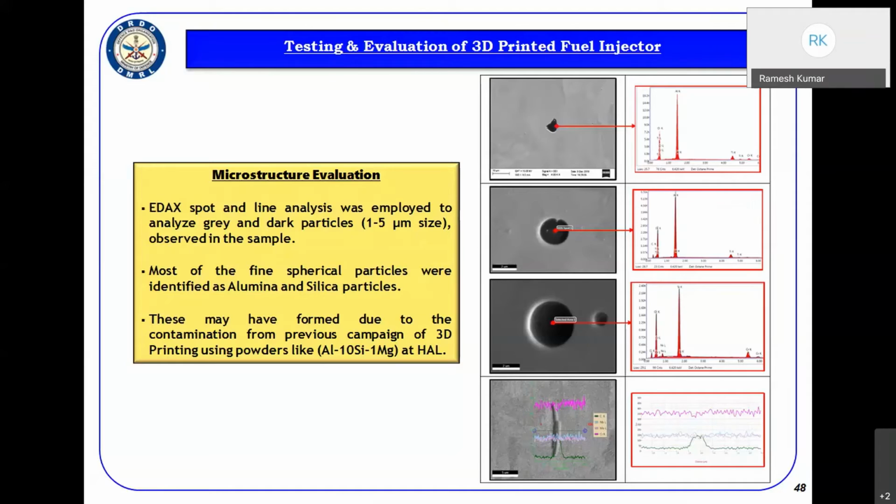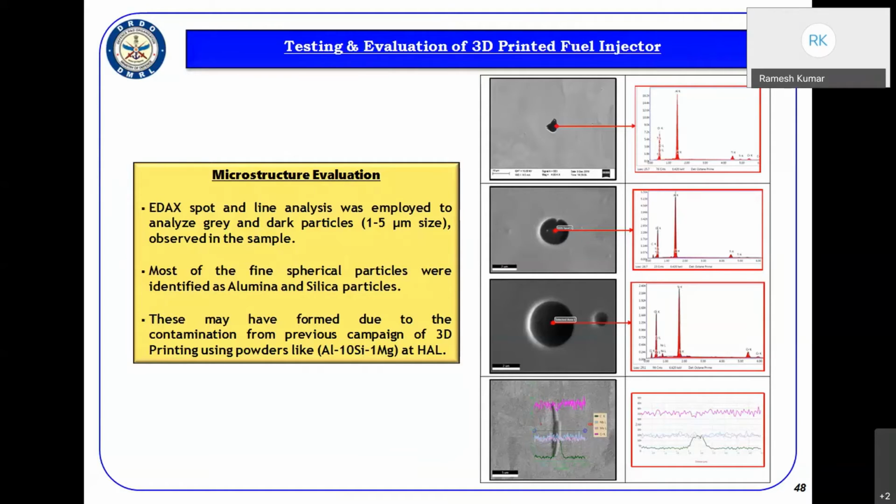HAL has now taken additional precautionary steps after this experience, so that proper flushing of the material will be made, with an additional amount of cleaning being considered. So in the subsequent campaigns, we could avoid this type of contaminant issue.